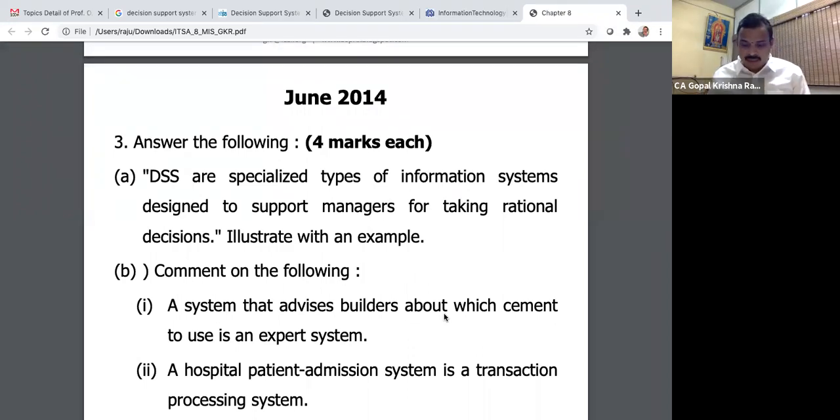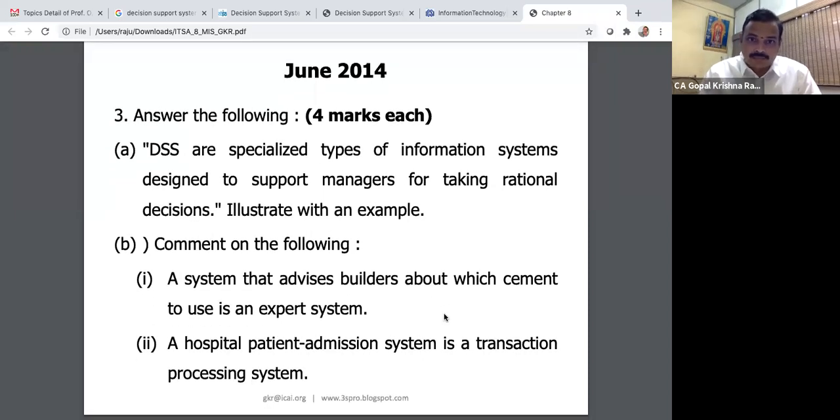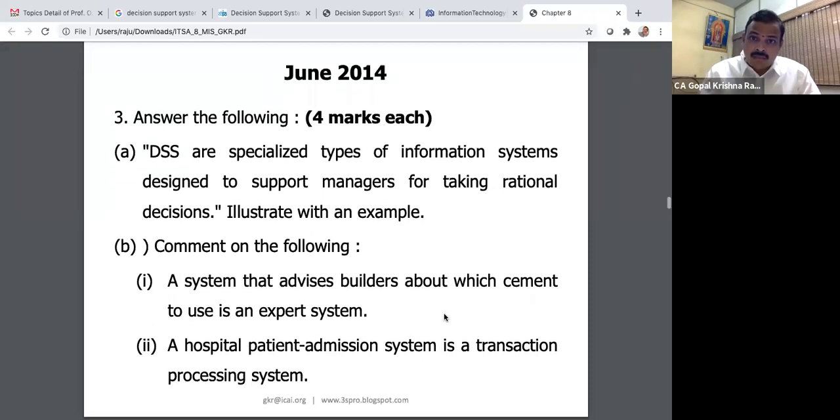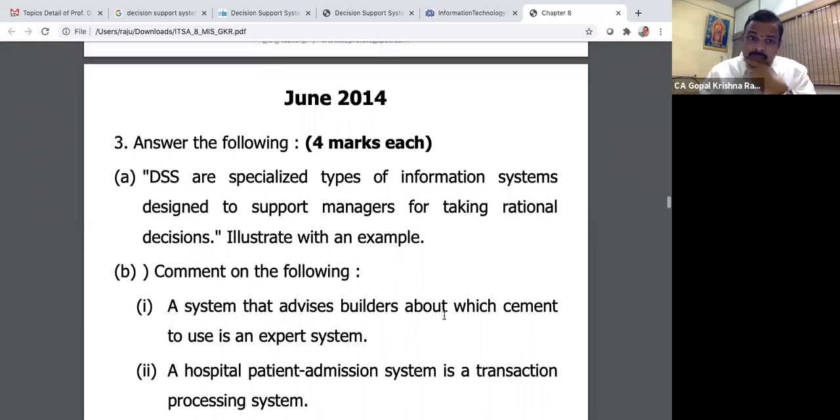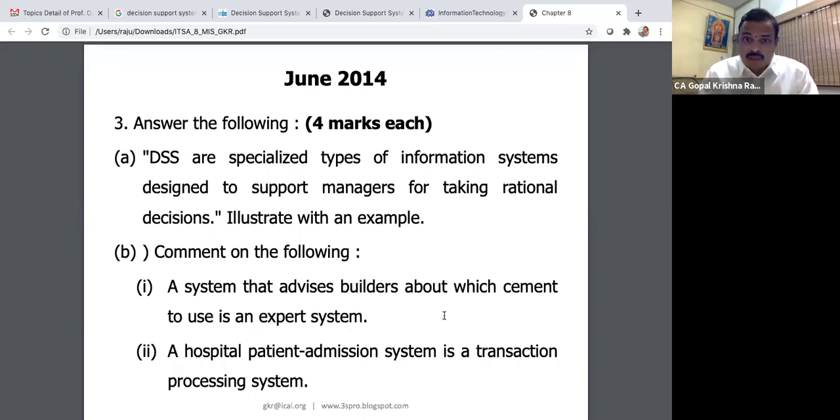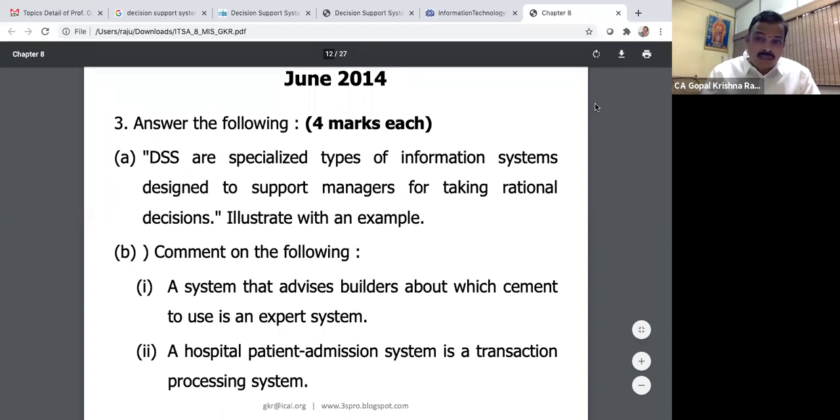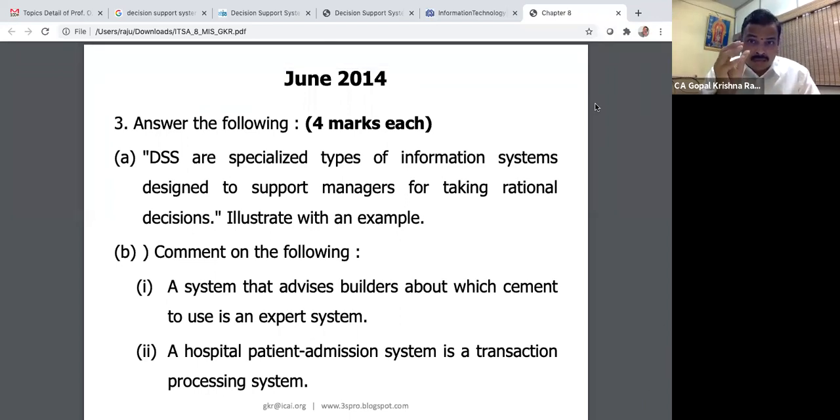One by one, I'll take you inside. Please look at the marks: you have almost 8 marks. Answer the following question: DSS is a specialized type of information system designed to support managers. These are all conceptual terms: decision support system, executive support system, management information system, expert system.